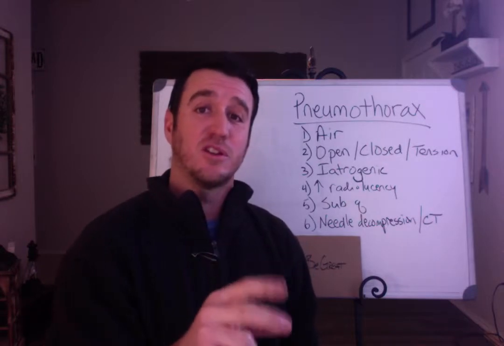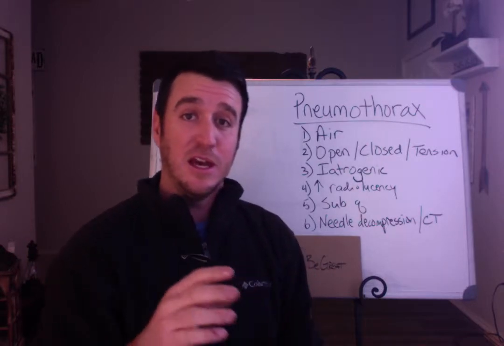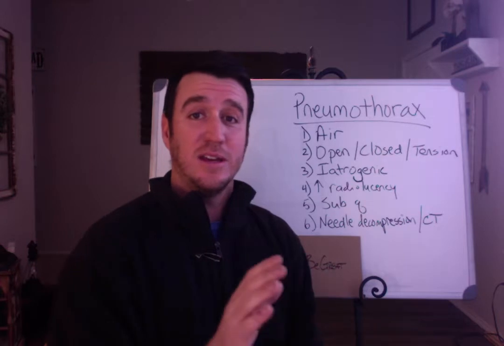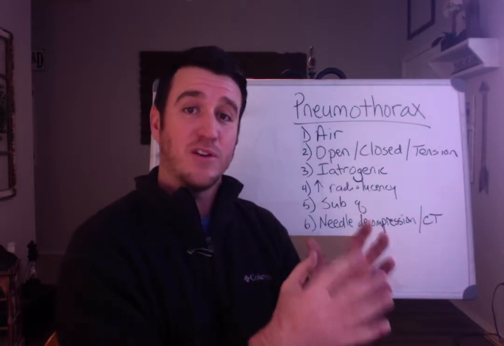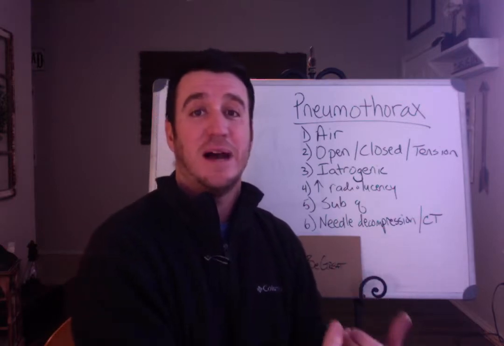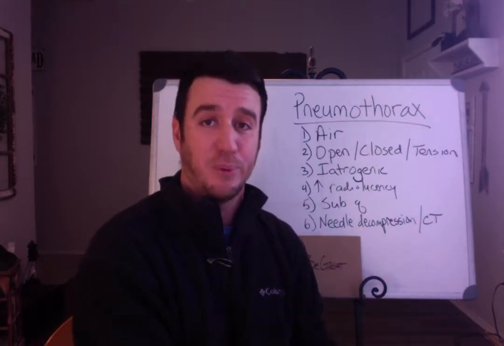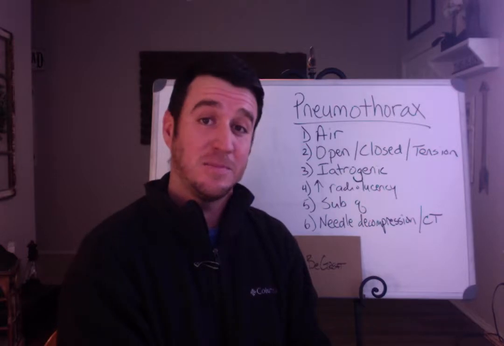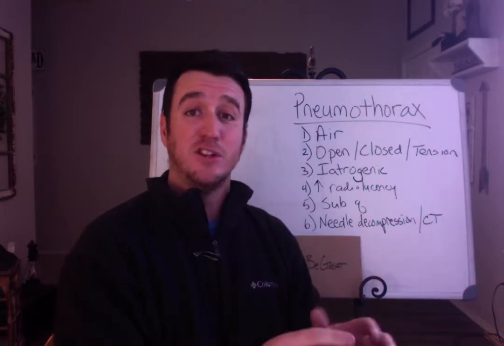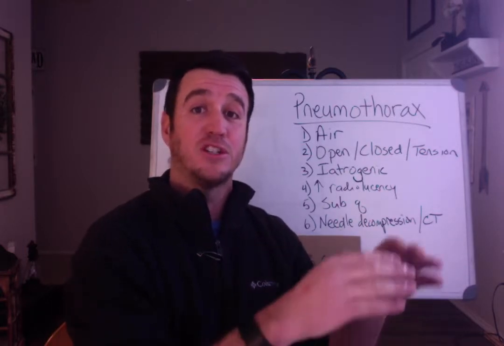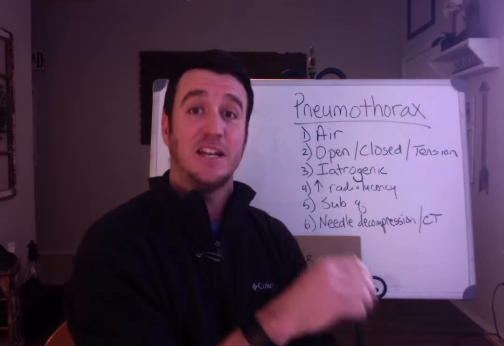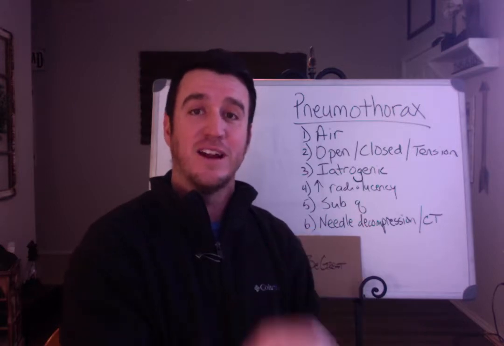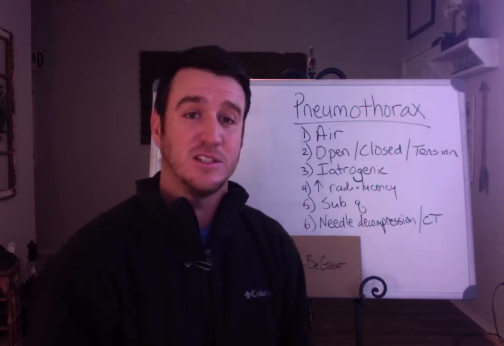A tension pneumothorax will ultimately push the trachea to the opposite side, increase pressure around the heart, and show itself by a decrease in blood pressure. So if you ever have a patient that presents with signs of a pneumothorax and their blood pressure is low, then you need to treat it as a tension pneumothorax, and you need to relieve that pressure very, very soon, which we're going to talk about here in just a second.